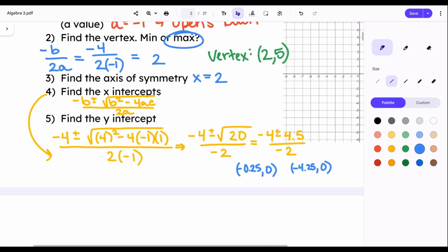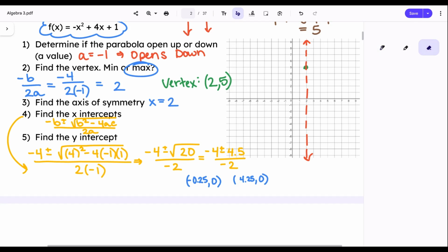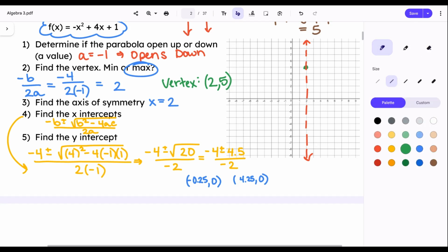All right, so I'm going to go ahead and graph these. Oh, it should be positive, right? Because it's -4 minus would be negative, but then divided by negative would be positive. So I'm just going to get rid of that. Good catch. Okay, so let's graph this. -0.25. Again, we're going to have to estimate where we think these are. So about there, and then 4.25 would be about there.